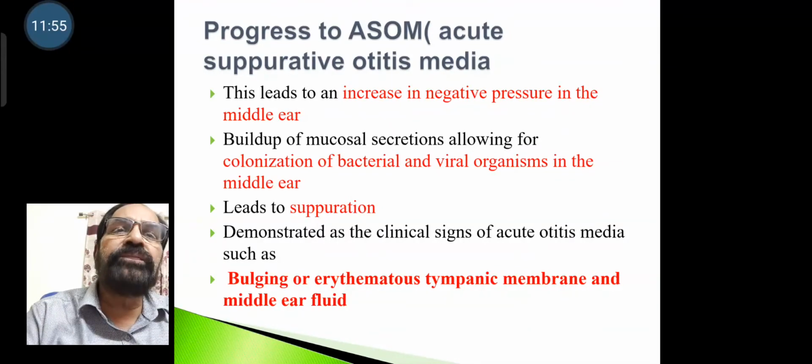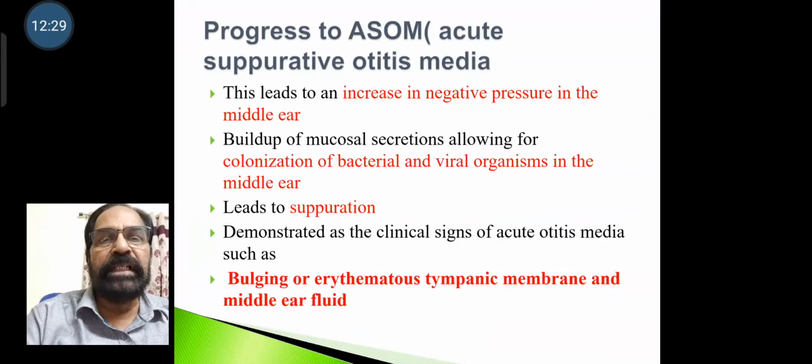And there is buildup of mucosal secretions allowing for colonization of bacterial and viral organisms in the middle ear, leading to suppuration, that is pus formation, and this can be demonstrated as clinical signs of acute otitis media, such as bulging of the tympanic membrane or an erythematous tympanic membrane, and also we can visualize the middle ear fluid.